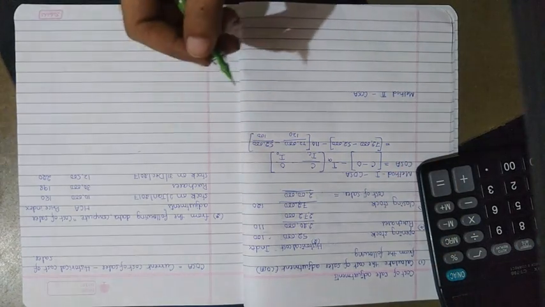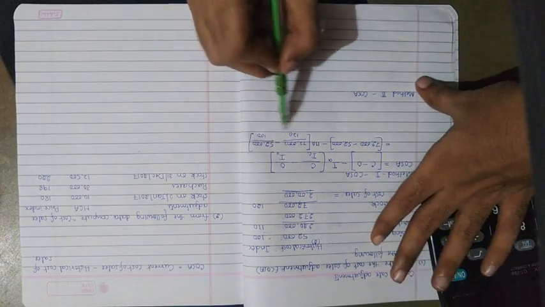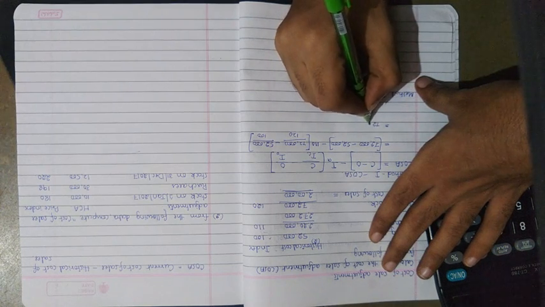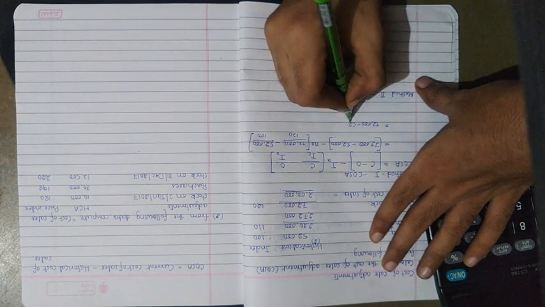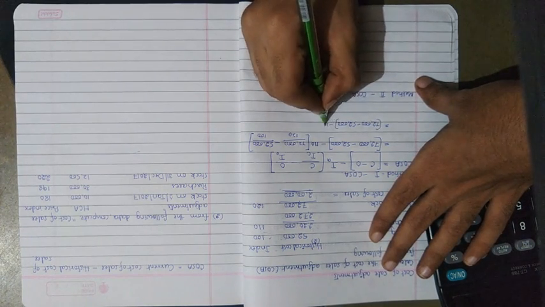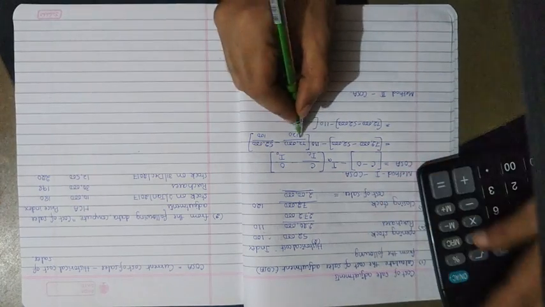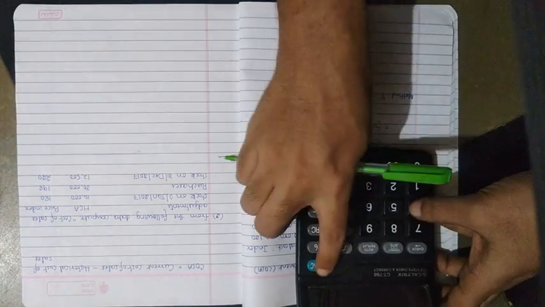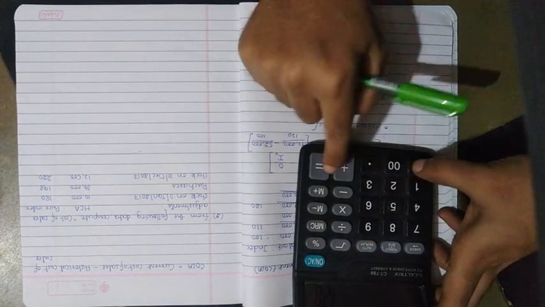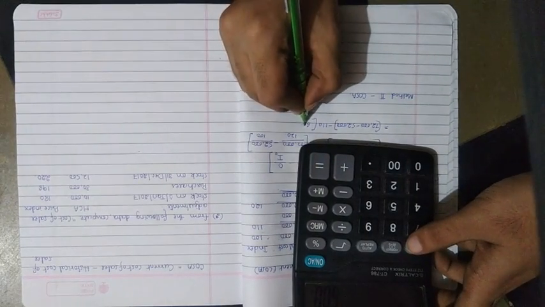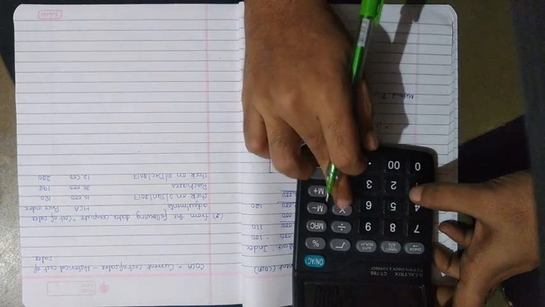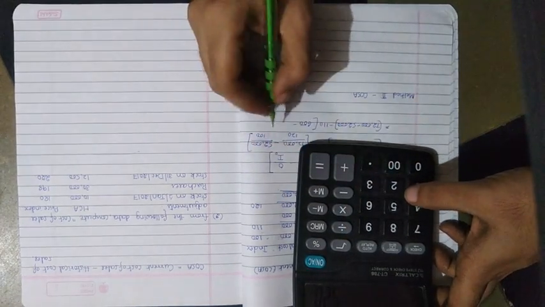Now we simplify the values. First take out these values: 72,000 minus 52,000 remains the same, minus 110 times these two figures. 72,000 divided by 120 gives 600, minus 52,000 divided by 100 gives 520.